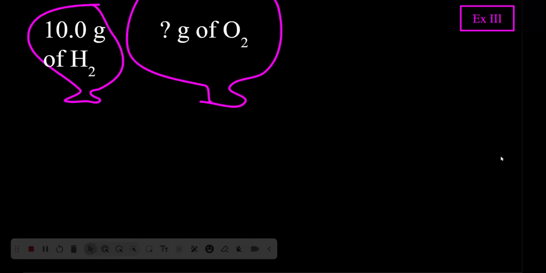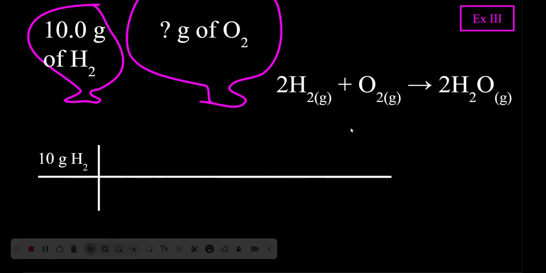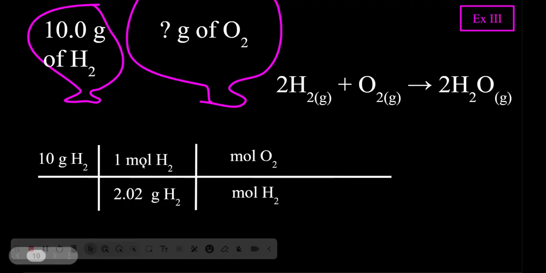Now here's a real chemistry example. Let's say I've got 10 grams of H2, and I want to know how much O2 I need, so I'm going to need to convert. So I'm going to start with the grams of hydrogen on the bracket, and then I'm going to find hydrogen gas's molar mass, which is 2.02. This one is always going to be 1. Don't be confused by this 2 up here. This is always 1 mole. Then I'm going to convert from moles of hydrogen into moles of oxygen.